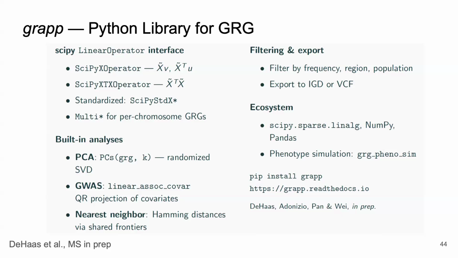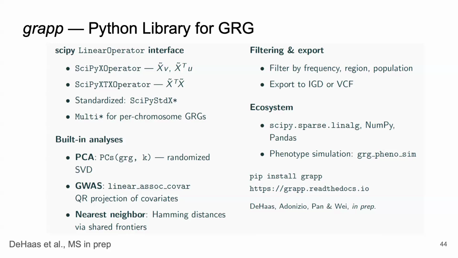And we want to allow StatGen people to use this new format as easily as they use other original formats. So we integrated with SciPy linear operator, providing operations for the genotype matrix and its transpose, and for the LD matrix or genetic relatedness matrix, either standardized or unstandardized.